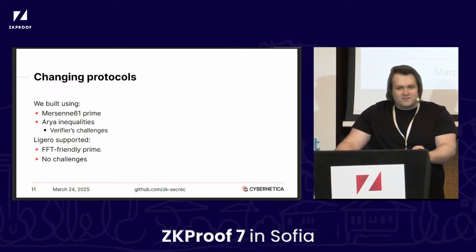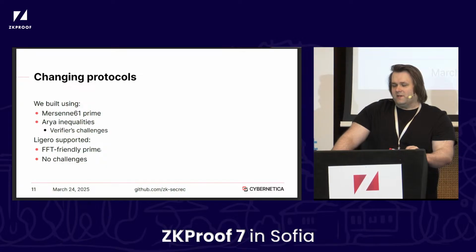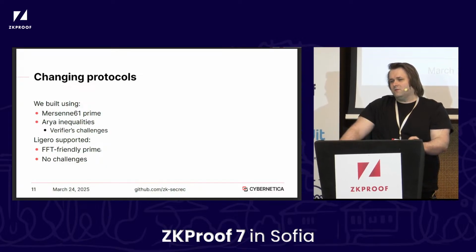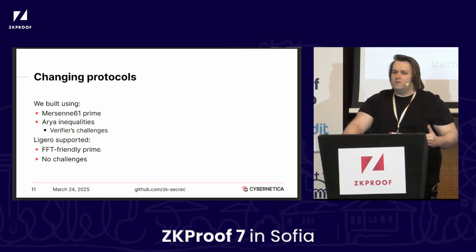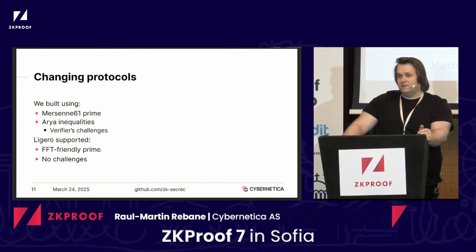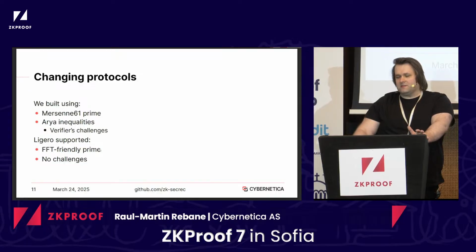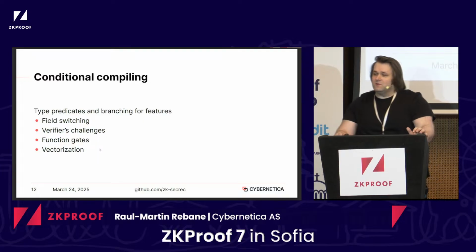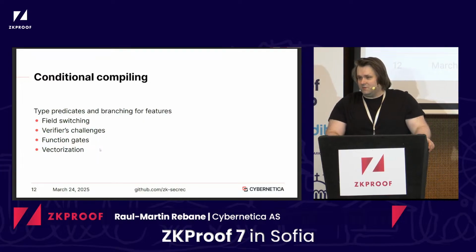With verifier challenges, those are a bit more complicated, and that is a topic that we wanted to truly tackle because we want to support many protocols. There is always going to be a mix of feature sets. So we wanted to truly support all of the backends, and to do that we had to add conditional compiling. So we added type predicates for the features that we support.